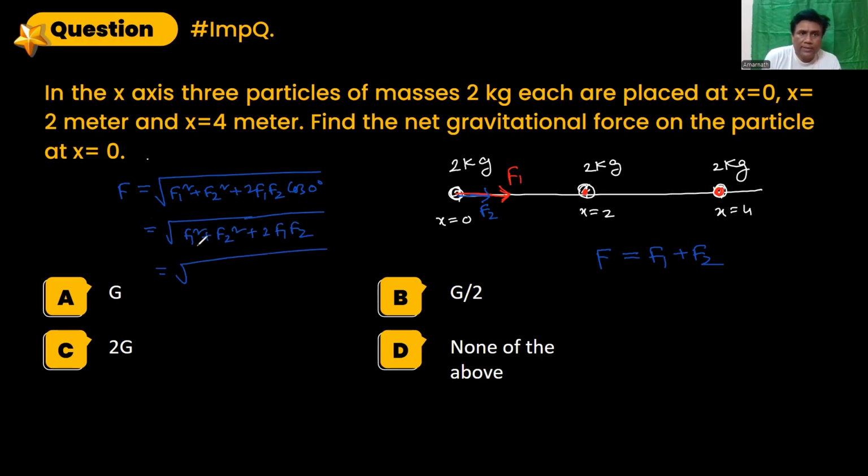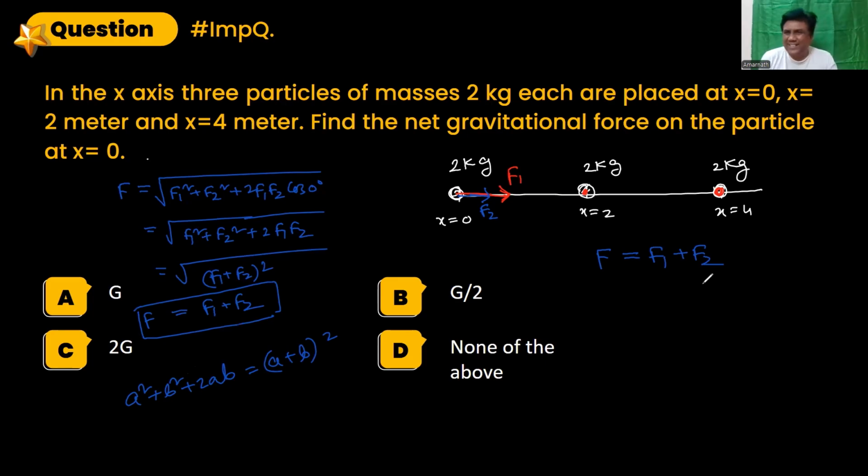It is a square plus b square plus 2ab, which is always a plus b whole square. So it is F1 plus F2 whole square. Now square and square root will get cancelled, so it will be F1 plus F2 only. So directly also we can understand with the feeling.